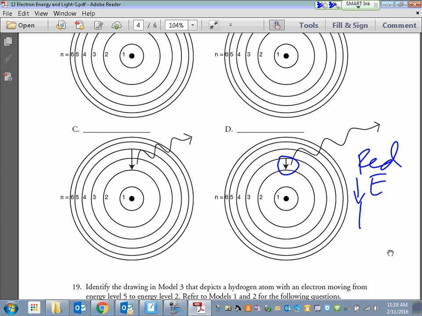That correlates with a high wavelength. So are these directly or indirectly related? Do you see that they're opposites? Remember, directly means the same way, indirectly means opposite ways. Okay, so this is an indirect relationship. This is the red one. This one is the one that's dropping from n equals 3 to n equals 2.